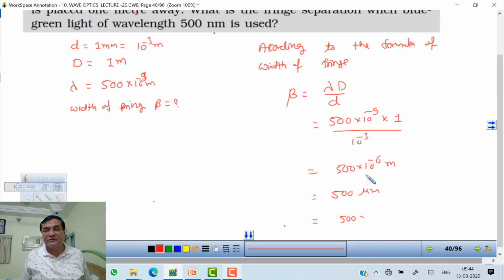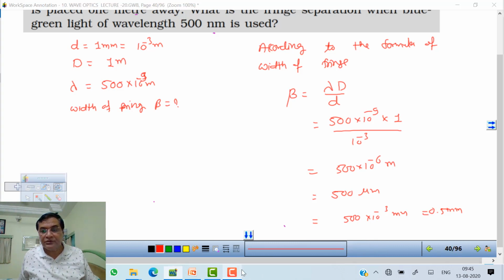So this comes out to be 500 into 10⁻³ millimeter. So it is 0.5 millimeter. Okay, that is your answer.